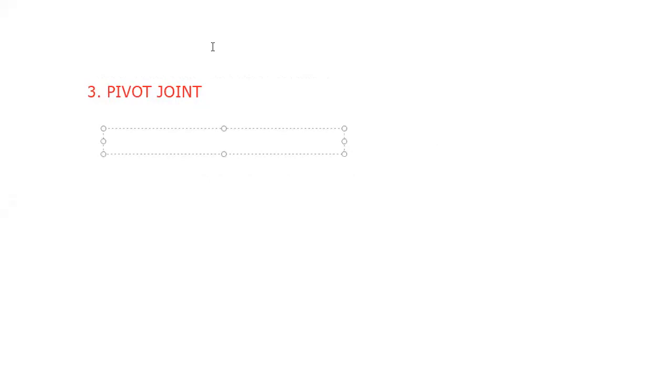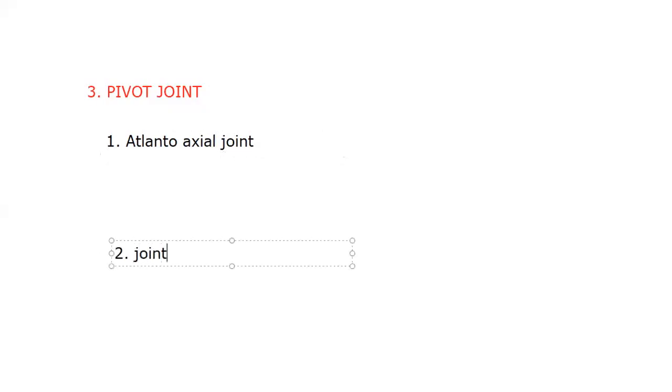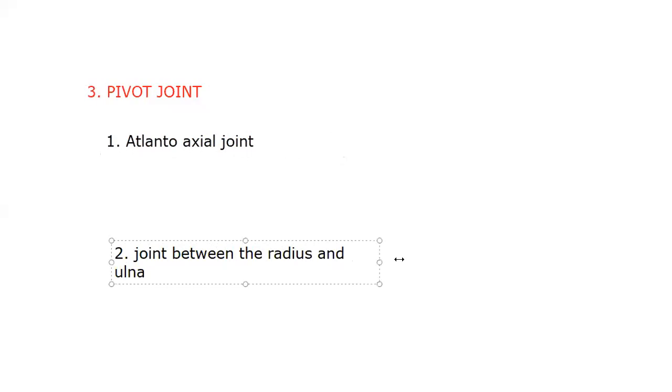Let me change the color. Black, we are taking. Okay, the atlanto-axial joint. And the second is the joint between the radius and ulna. First of all, let us write it here.